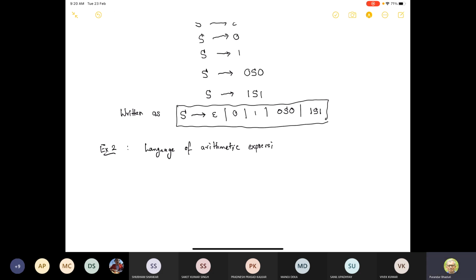And we'll use the variable E to denote those, built out of or built from integers, and we'll just use N for this, N for number, and identifiers.